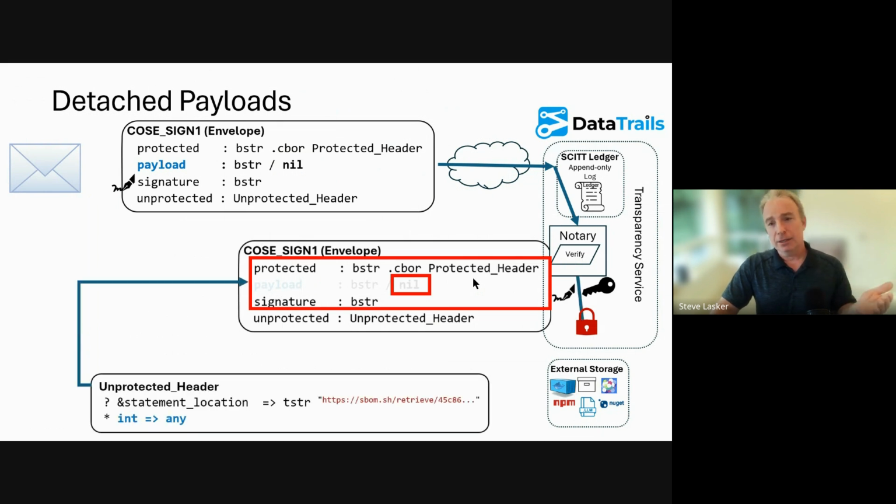Now, in the unprotected header, we could put the location of where it was. So I just suggested here might be an SBOM SHA. That's fine. Here's a hint. Now the server can go get the null payload, and as long as that really is the payload, then the signature will be verified and life is good.